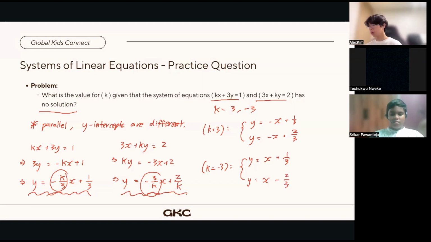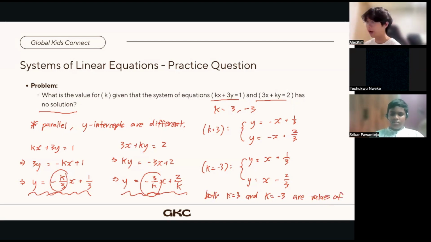And therefore, because in both situations, when k is equal to 3 and negative 3, all the equations satisfy the conditions stated here, then we can say that both k equals 3 and k equals negative 3 are values of k.